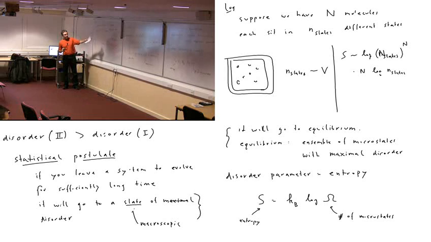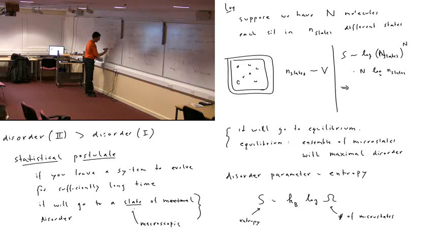Now, what this formula really tells you is that if you want to label this configuration by a particular number, you need capital N digits, so to speak, to describe this particular state.